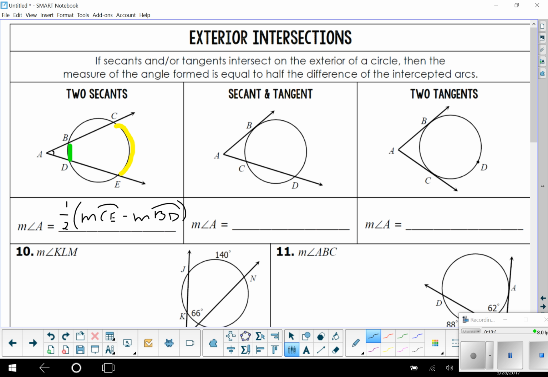And the same goes with the rest of them. So the first one is 2 secants, the next one is a secant and a tangent. So this right here is your secant, where this one right here is your tangent.